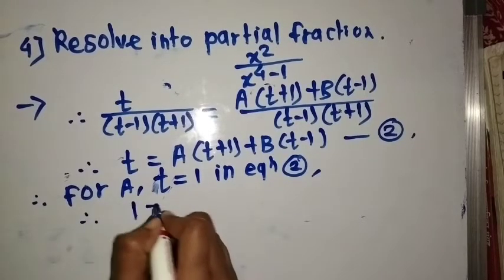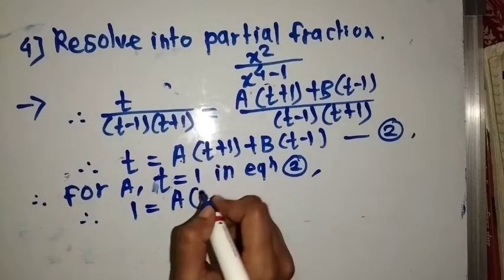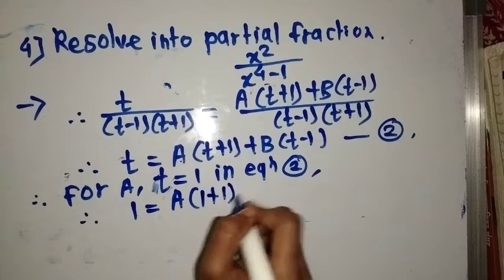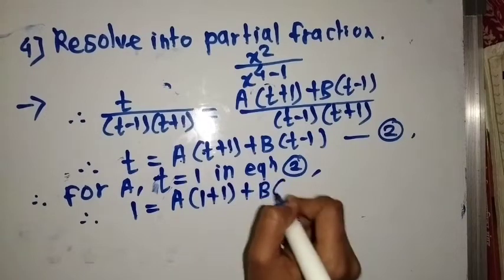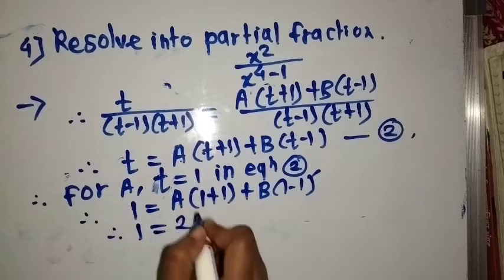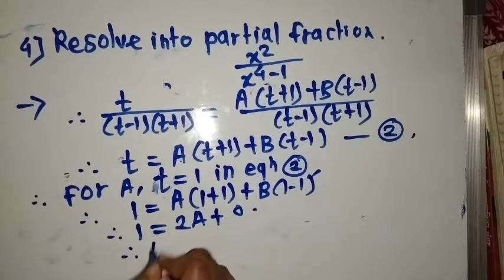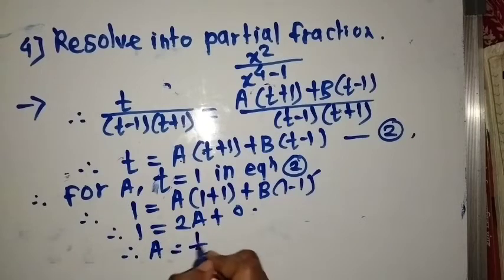Hence 1 is equal to a into 1 plus 1 plus b into 1 minus 1. Hence we get 2a plus 0. Hence we get a is equal to 1 by 2.